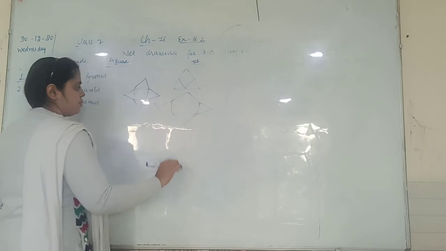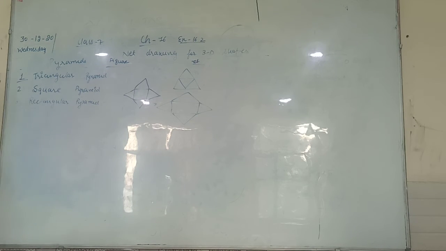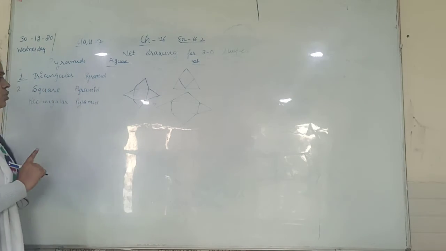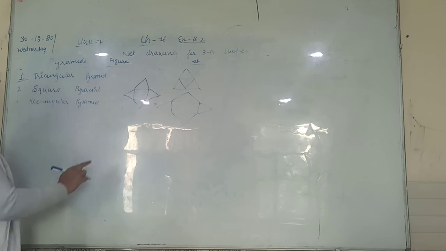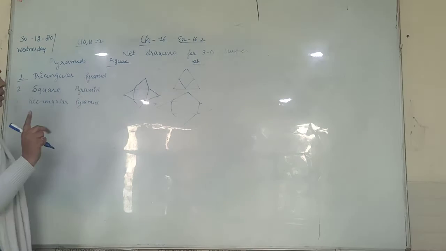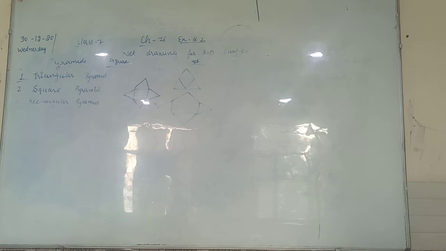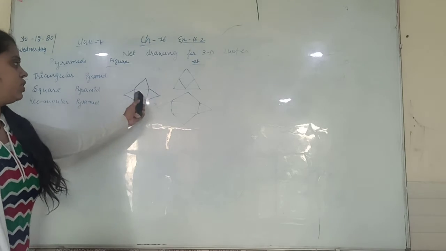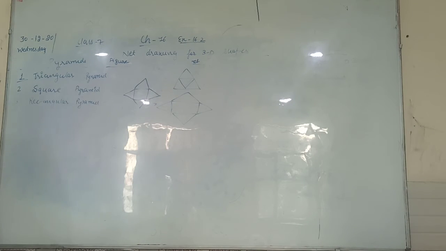Remember one point, beta. Here I am not having a scale, I am drawing with the marker, but when you draw it in your notebook, you have to keep proper measurement with a scale. Remember this point. When you draw in the notebook, you have to keep proper measurement of the square and rectangle.